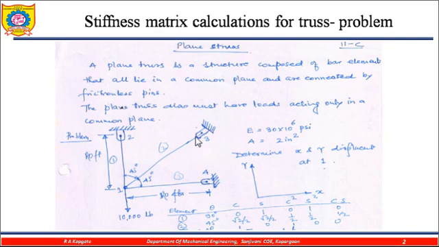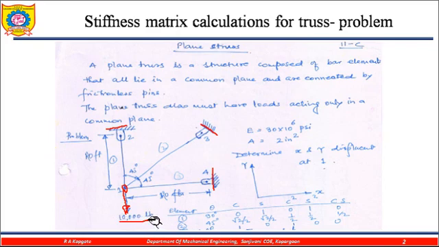So what is given in this problem? Again, this is node 1, this is node 2, this is node 3, node 4, and all four nodes are fixed. This is fixed, this is fixed, as well as this one is fixed. While at node 1 there is an application of a force of 10,000 pound.